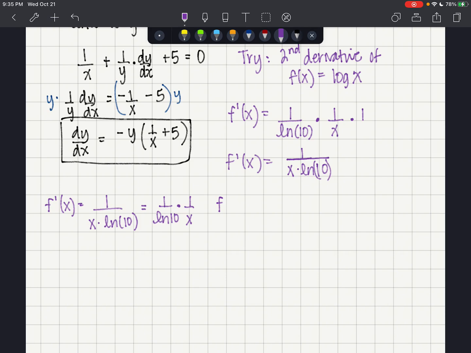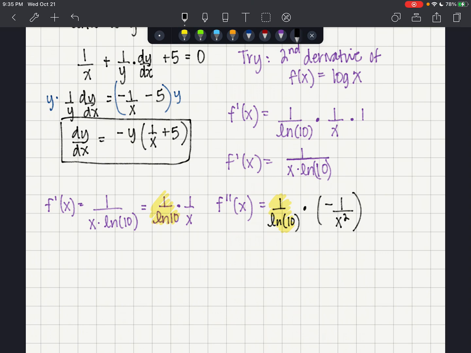So now when we find the second derivative, this constant that's yellow is just going to stay there, right? And then we're going to multiply that constant, 1 over the natural log of 10, by the derivative of 1 over x. And the derivative of 1 over x is negative 1 over x squared.